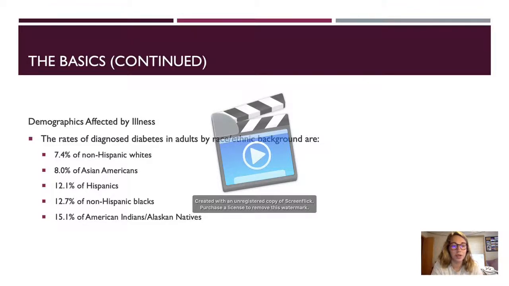Whereas 7.4% of non-Hispanic whites have diabetes, 8% of Asian Americans do, 12.1% of Hispanics do, 12.7% of non-Hispanic blacks, and 15.1% of American Indians and Alaskan Natives. This information is based on diagnosed diabetes in adults, and this is just the breakdown based on race and ethnic background.